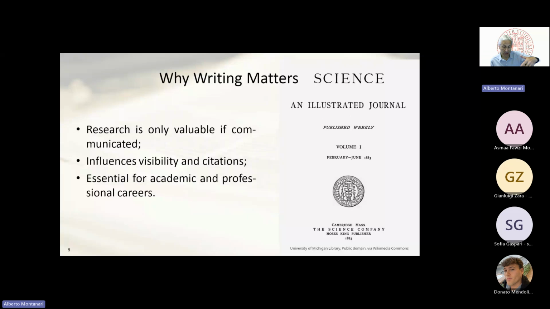And then we come to our second target, making sure that our career develops in the best way, not only for ourselves, but also for the benefit of science, for the progress of science, because we like to work in a dedicated way and provide a useful contribution. Indeed, writing scientific papers is essential for advancing in the career of academics and professionals, and therefore it's something that we have to get clear in mind. So what is the purpose of our writing?